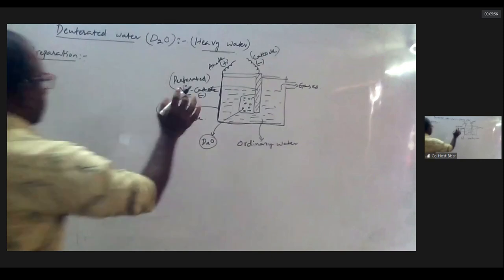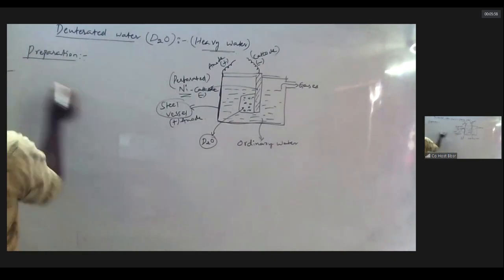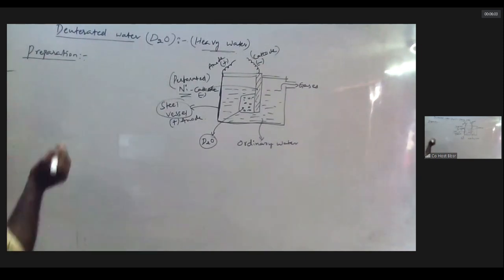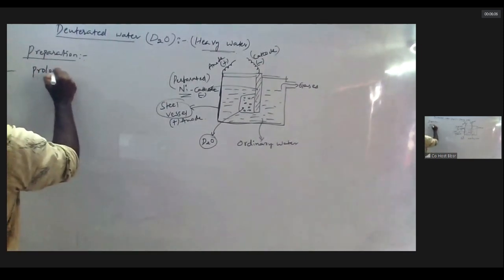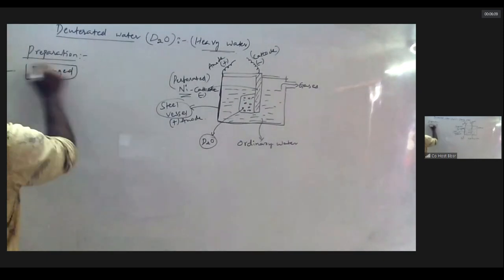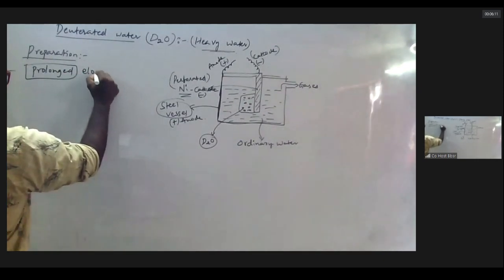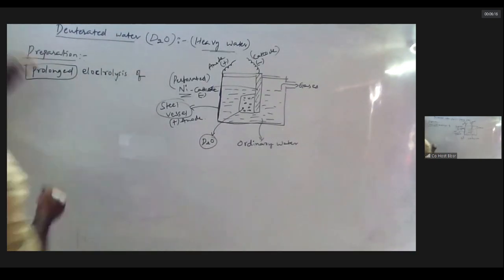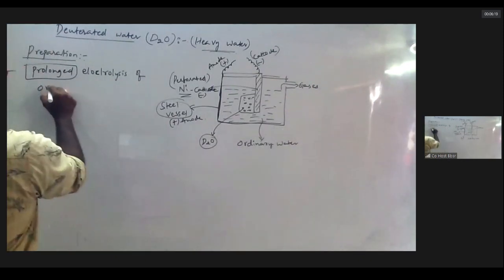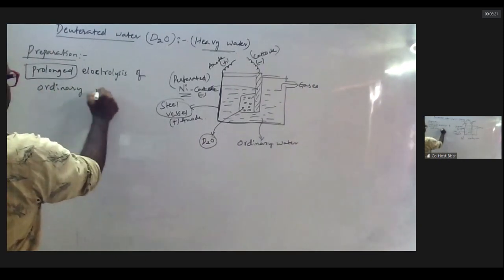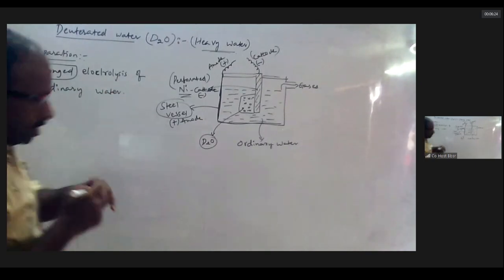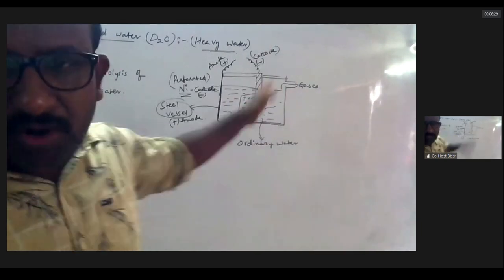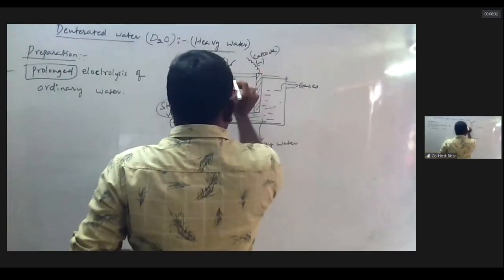See, इसको अभी क्या ले रहे हैं यहाँ पर ordinary water. So how the deuterium oxide can be prepared here is by prolonged electrolysis of ordinary water. अभी आप इस सेल में, okay, a steel vessel is taken, a nickel rod, right?